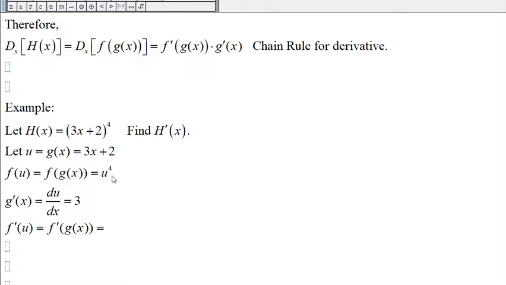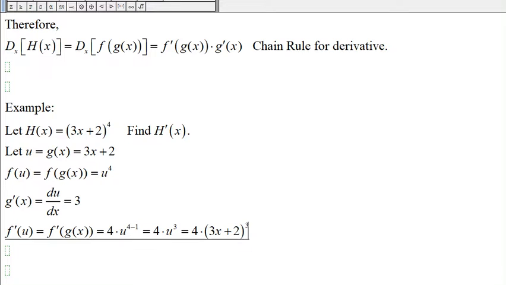Using the power rule, the derivative will be 4 times u to the 4 minus 1. That's the power rule. And this is 4 times u to the 3rd. But u is 3x plus 2, so this is 4 times 3x plus 2, to the 3rd.